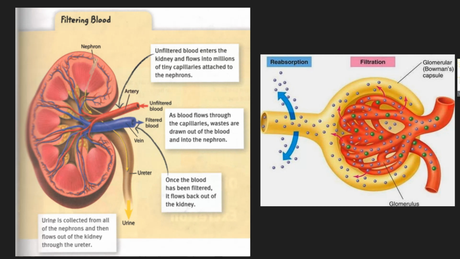And then the blood that's slightly cleaner goes back out. So a lot of the waste products get basically kind of like squeezed out into the nephron, right? Now, not all of that is waste, so some of that is taken back by the blood later on. But all the waste products just keep going down into the urine.